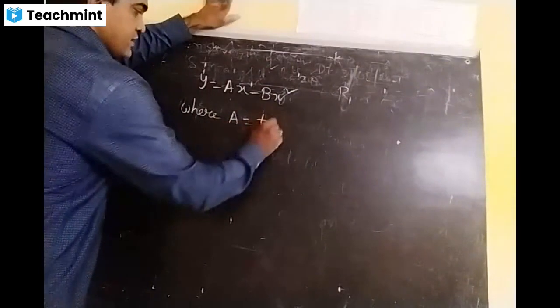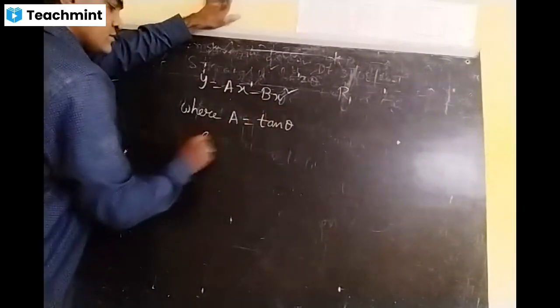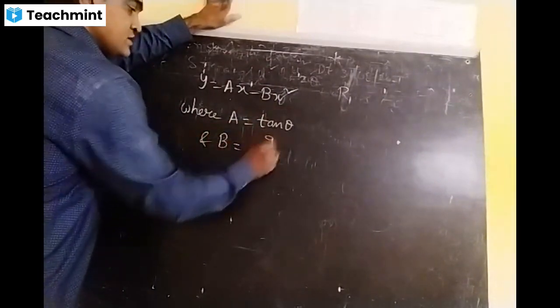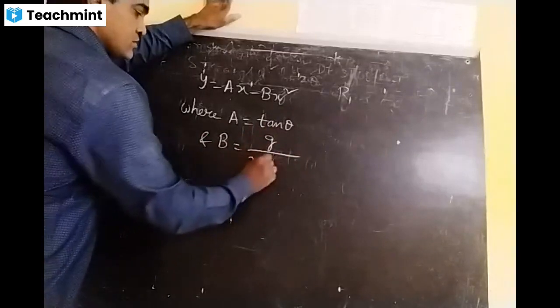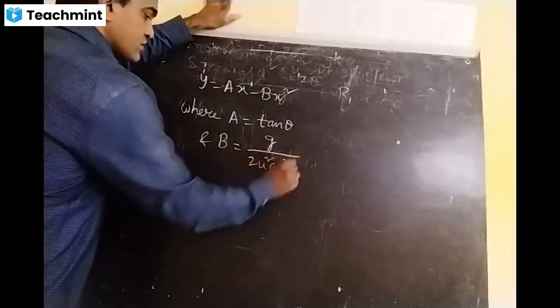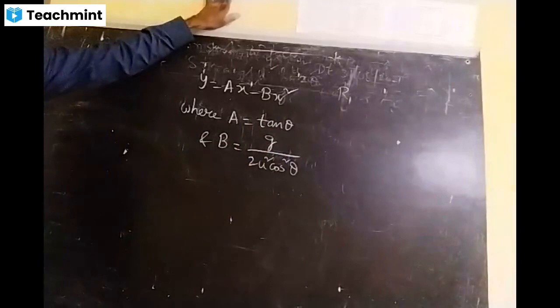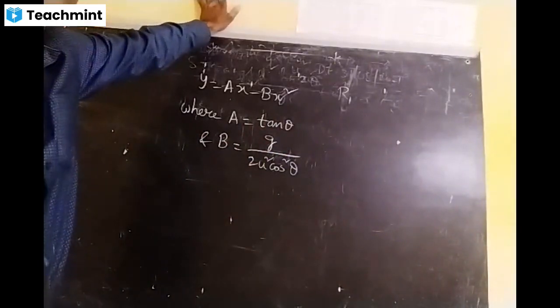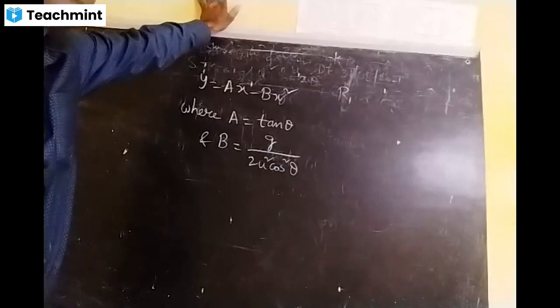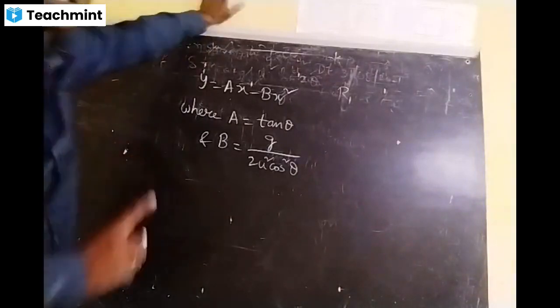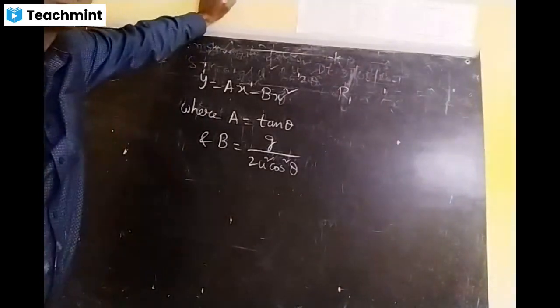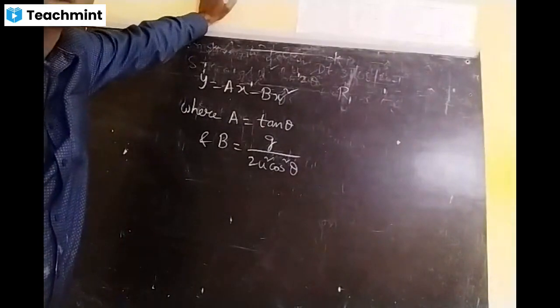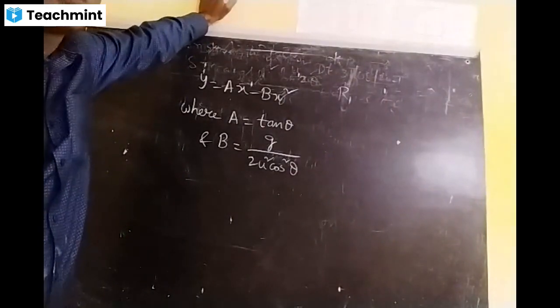A is equal to tan theta, and B is equal to g by 2u square cos square theta. Recall these formulas. Once, in NEET, I think in 2016 or 17, I'm not sure, this question has come.